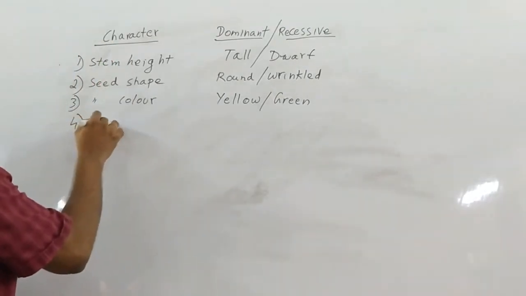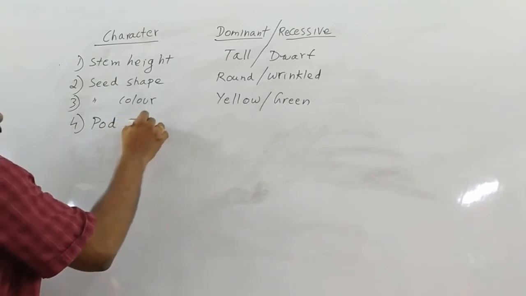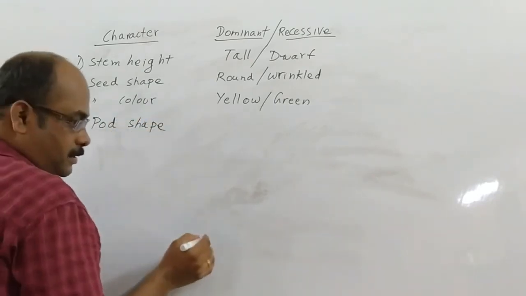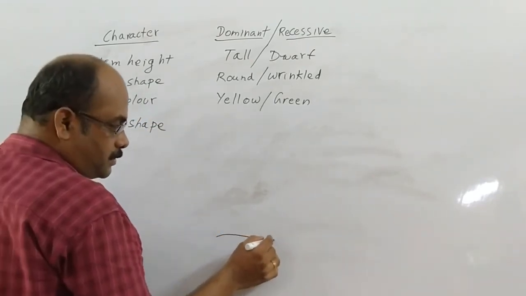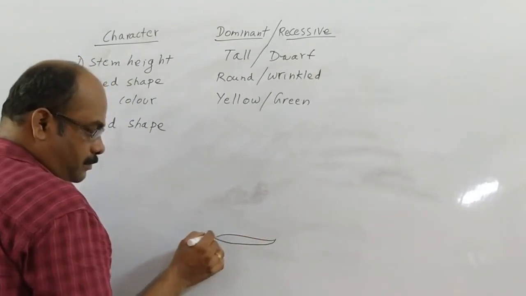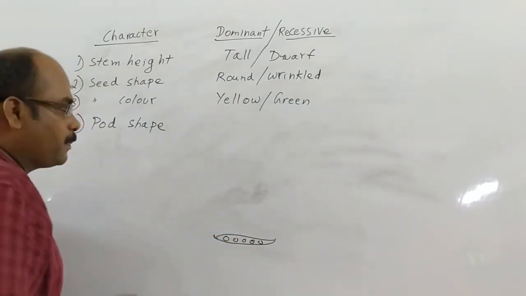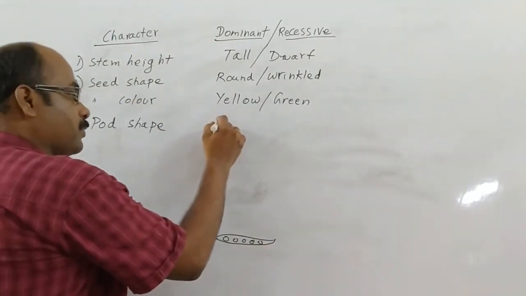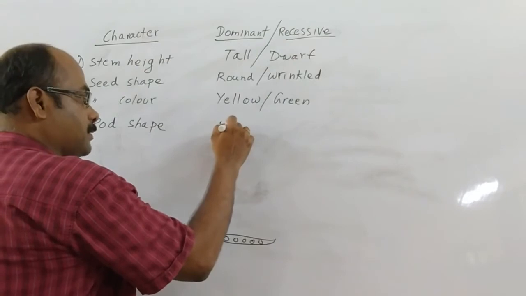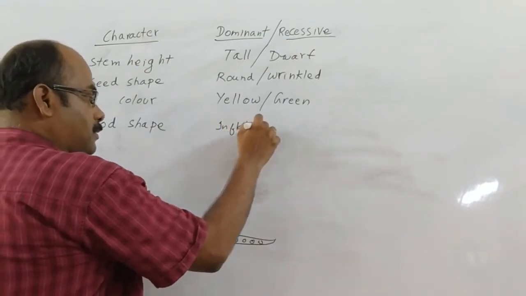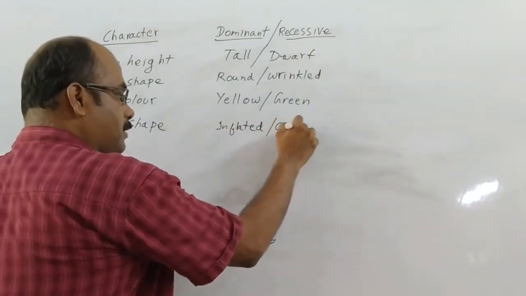Then the fourth one, pod shape. The pod is the structure in which the beans are there. Pod shape is inflated or constricted.